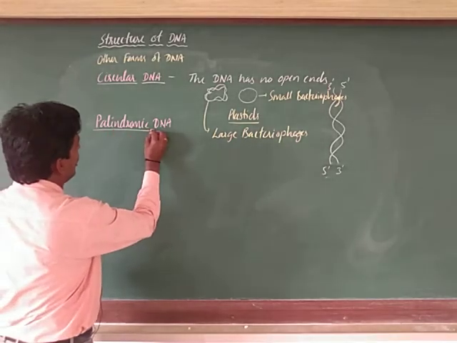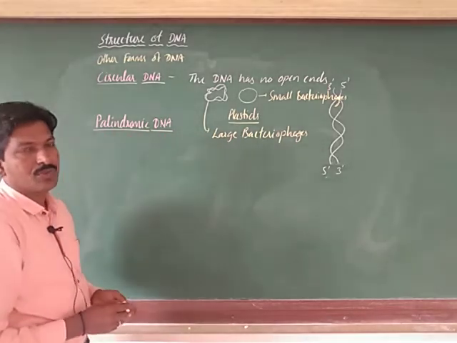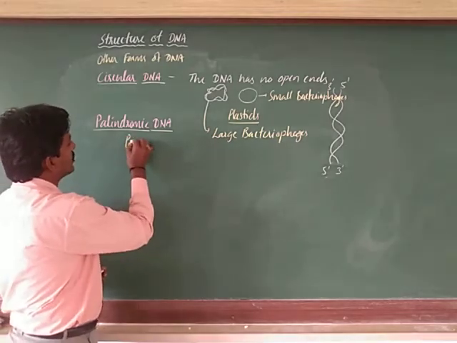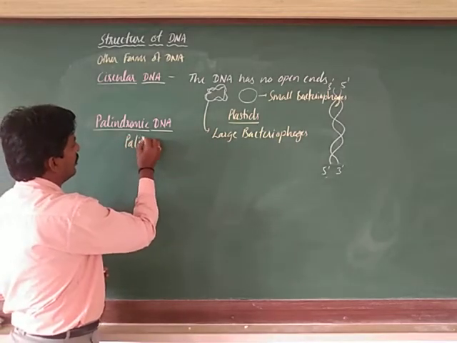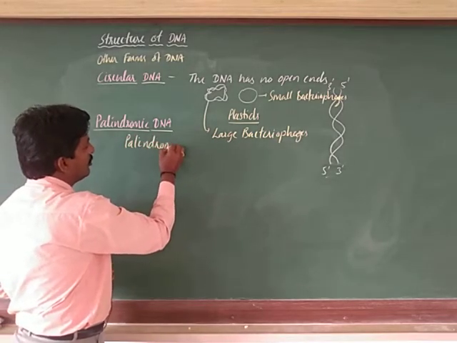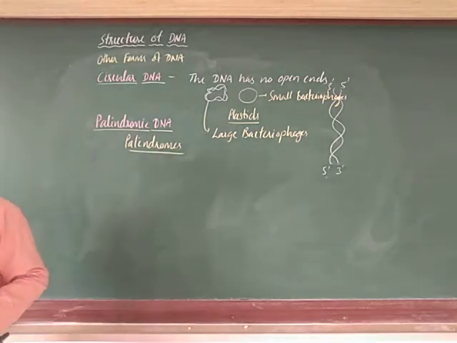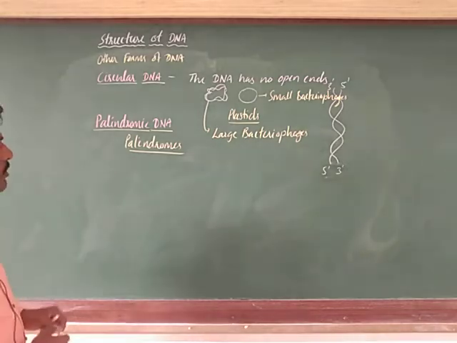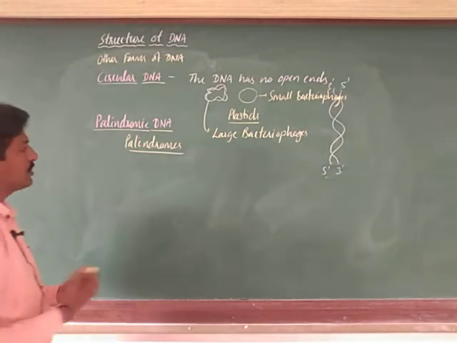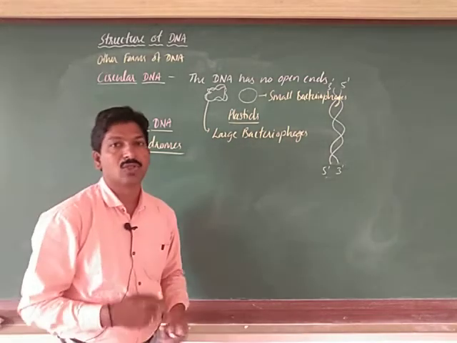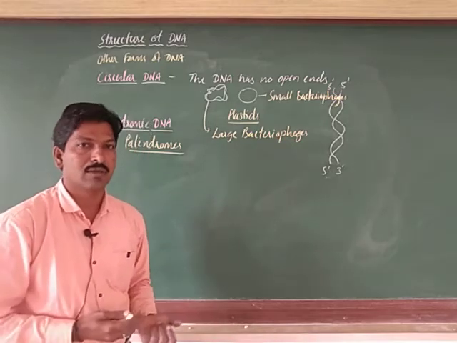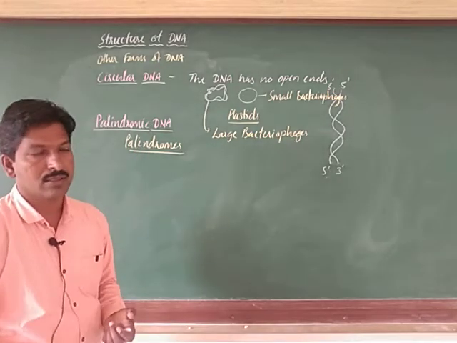Next, palindromic DNA. Let us see palindromic DNA, commonly called palindromes. Palindromic DNA means, even in language we can have palindromic words, like in Kannada you can take gadag.